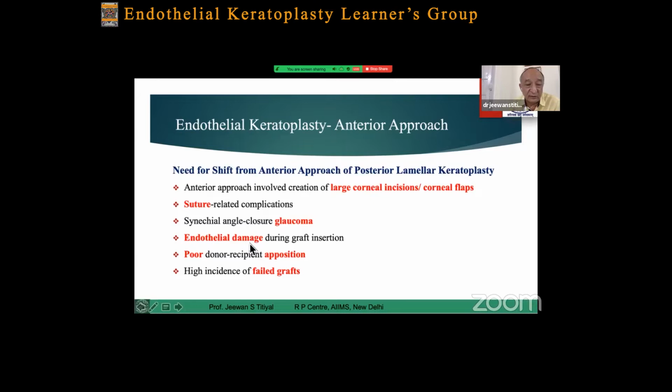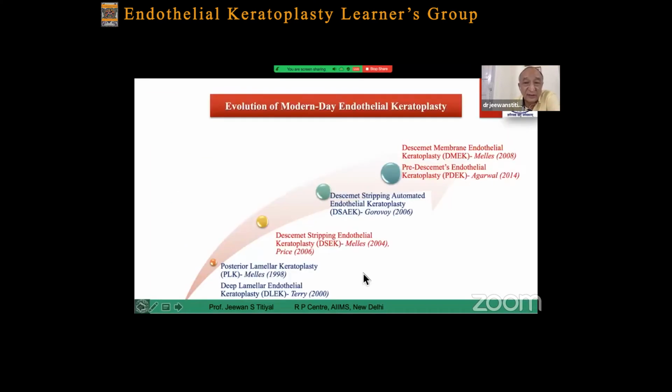There was large endothelial damage that subsequently led to failure of these grafts. And ultimately, what we would have thought of as good posterior apposition in a stromal bed was very poor apposition of the graft. Therefore, there was a definite need for innovation and evolution of a newer, modern day endothelial keratoplasty.